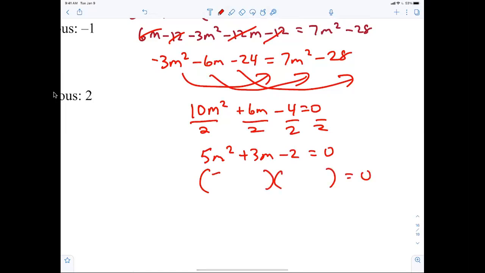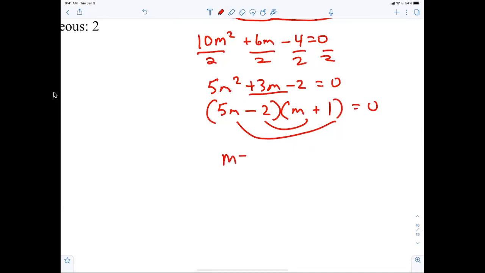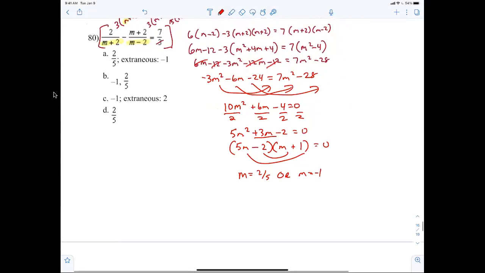And now that will factor into 5m, and the 2 goes here, so it would be a minus 2 and a plus 1. Negative 2 plus 5 is positive 3. So m equals 2/5 or m equals -1. And neither one of those is an extraneous solution.